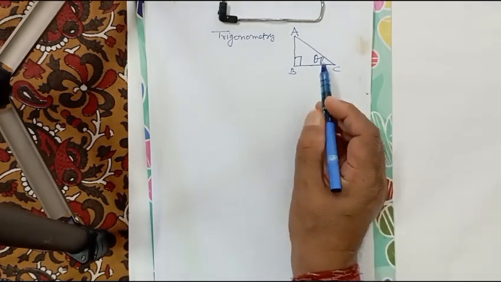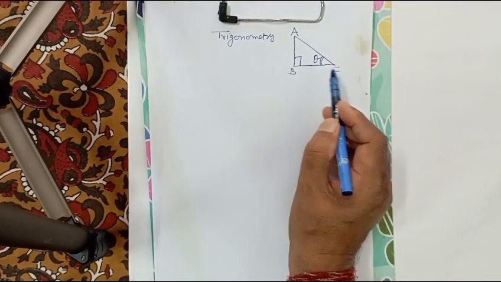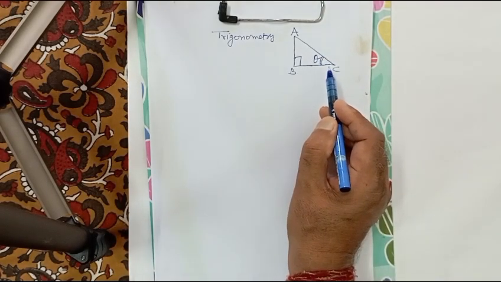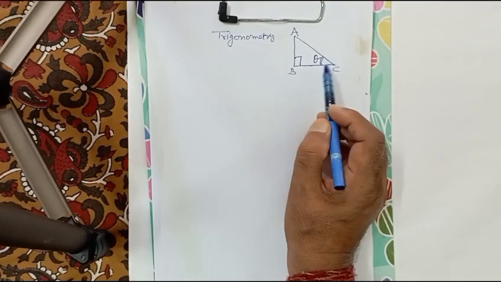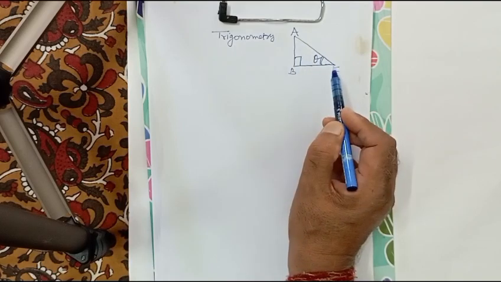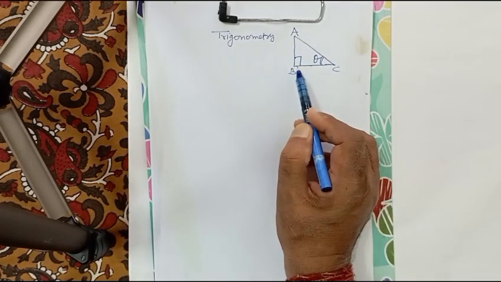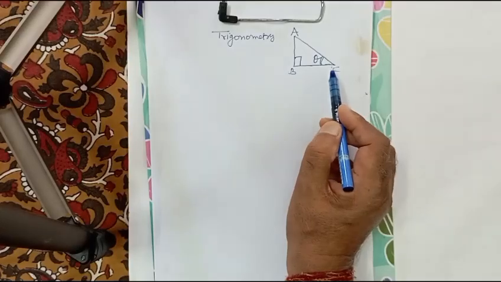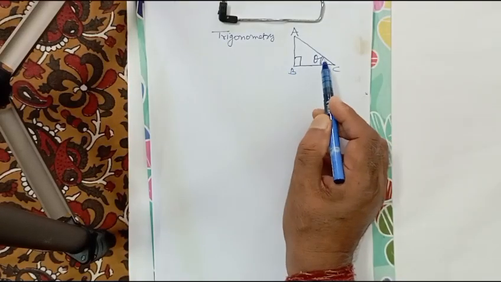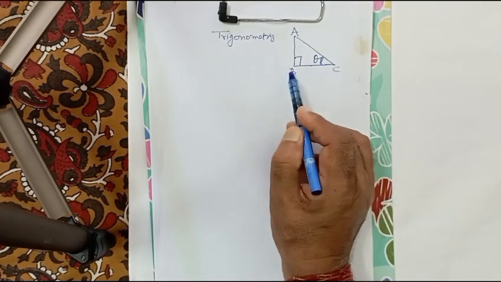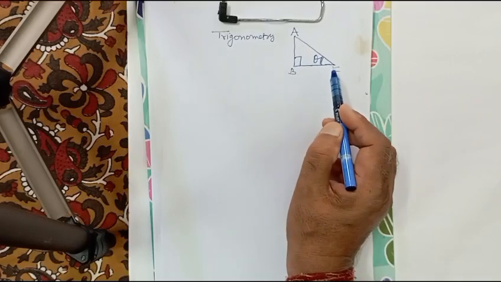Then for this angle theta, the side on which it is made lies between the hypotenuse and the side BC. So with the hypotenuse you have taken the other side BC. This side BC will be called base, and this is hypotenuse.